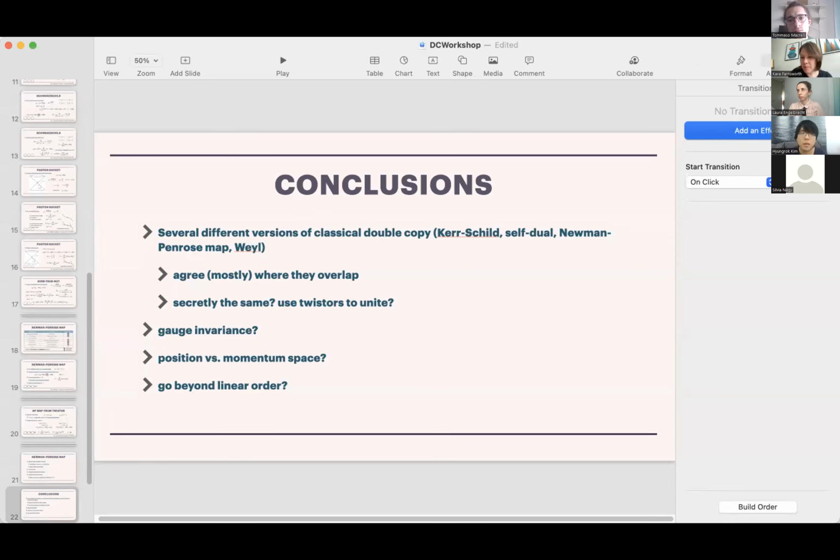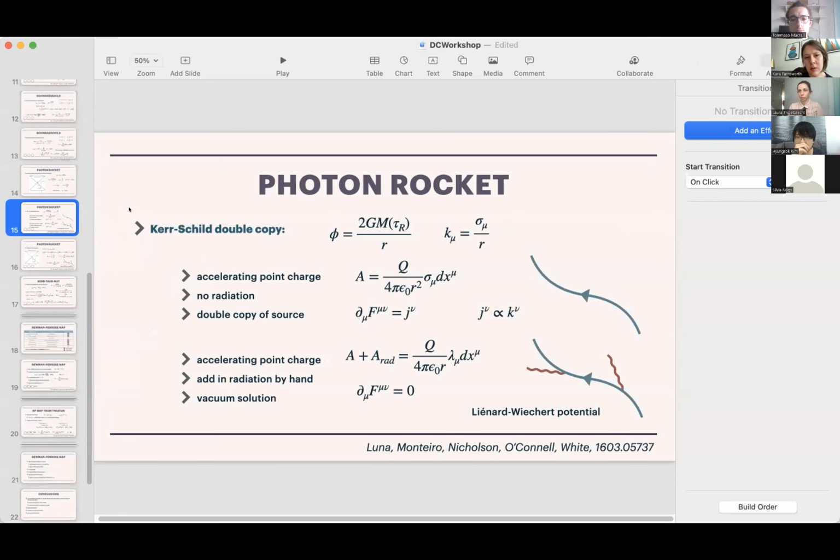Hi, very nice talk. I just wanted to ask, you were saying at some point how there was a difference between the Newman-Penrose map and the standard Kerr-Schild formulation, and it was the radiative part when you're talking about the Liénard-Wiechert solutions. And I was just curious, is this a general feature or was that for those specific solutions?